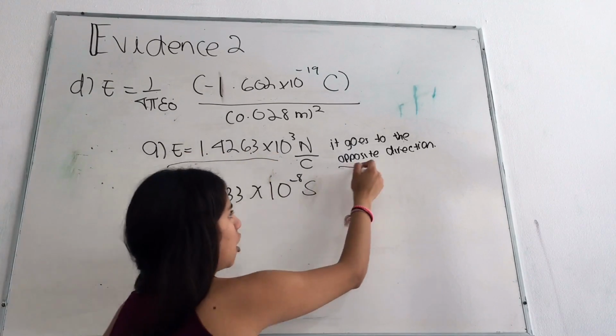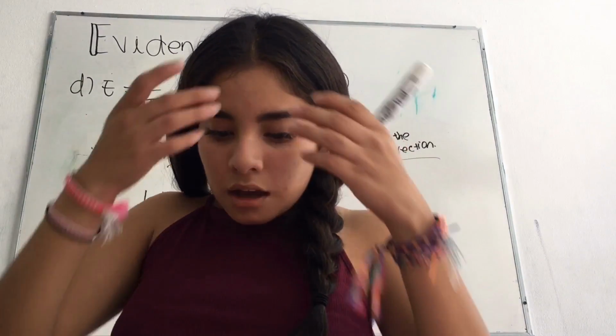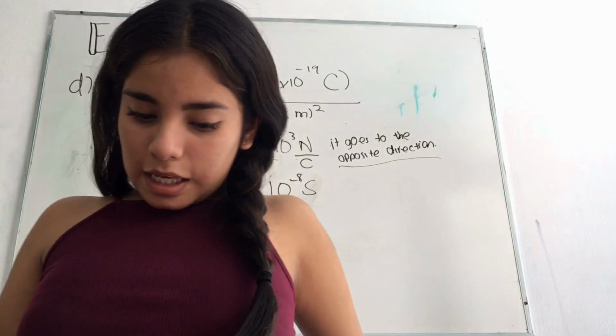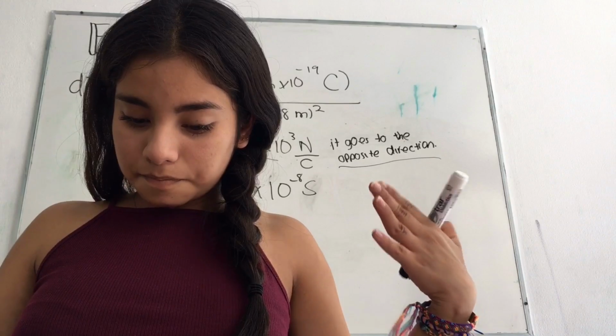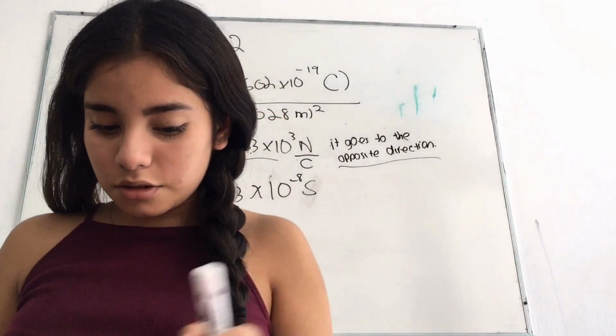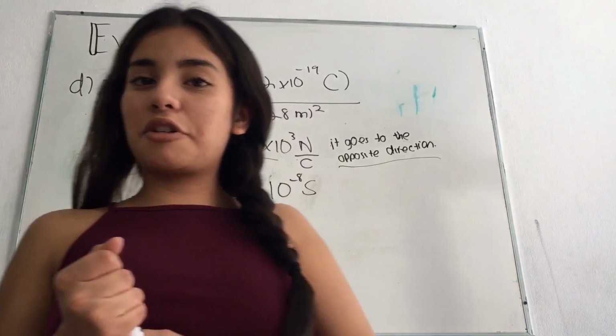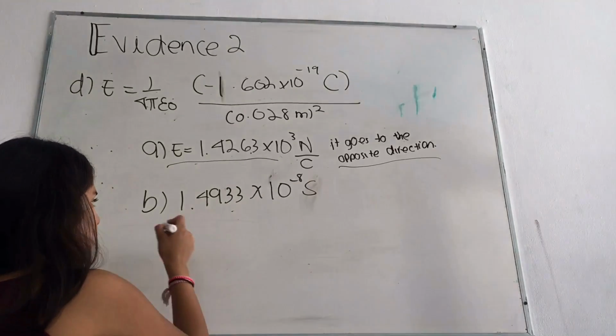And it goes to the opposite direction because always the speed is opposite to the direction of the electric field in uniform. And our time is this.